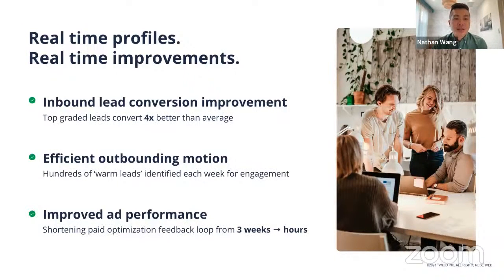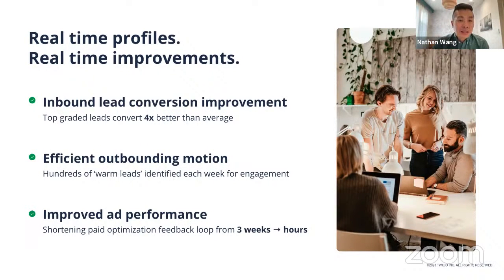Now, coming back to our third example, real-time paid marketing optimization. Previously, we would have needed to wait 3 to 4 weeks before getting a proper read on how well our paid advertising leads actually converted into opportunities, because that's just how long it took for a lead to move into a qualified opportunity.